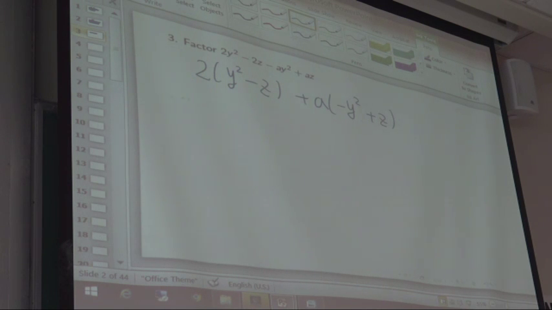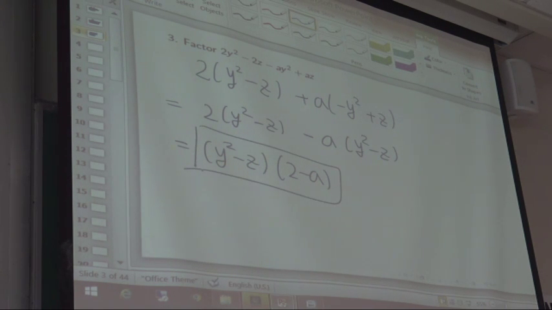Well, it looks like they are different, but if I factor out a negative from the second part, which is negative a, this is y squared minus z, now we have y squared minus z as a factor, and the 2 minus a. So that's the factor. The factor means we have to make this into some component times some other component. That's the factor.